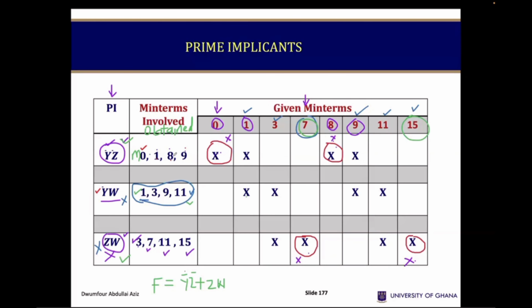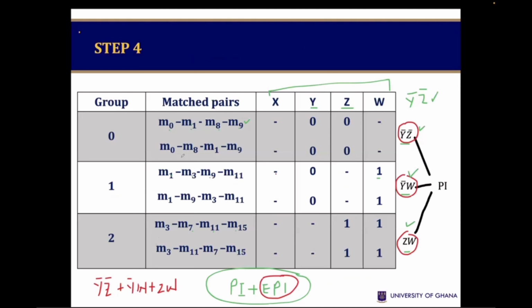But we could have just written M0, M1, M8, M9, just as they are written here. You can write your mean terms this way, or write only the corresponding values like this. That is also acceptable. And here we have 1, 3, 9, and 11. And here you have 3, 7, 11, and 15, right? So these are coming from here, our own handiwork.